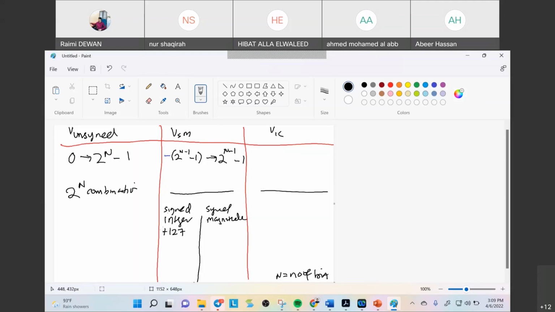We only have changes if it's a negative number. So you have 1, 1, 1, 1, 1, 1, 1, 0. Then it starts to be different if we have negative 127. What is different is that we have to add 1 here to show it is a negative number.